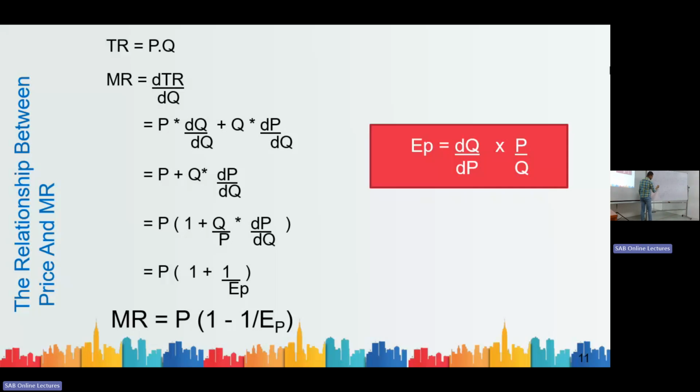The slope and the inverse of the slope will not change, but original price and original quantity will change, so we will get a different result. So be specific about the direction of the movement when calculating price elasticity of demand. Actually, this is point price elasticity between 2 points.